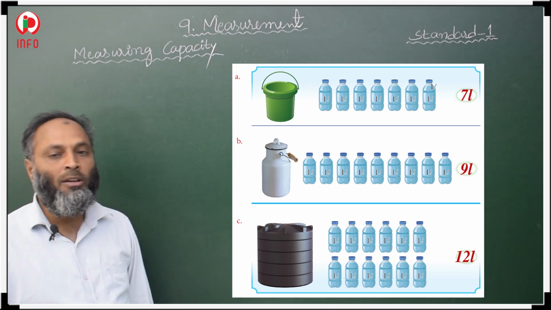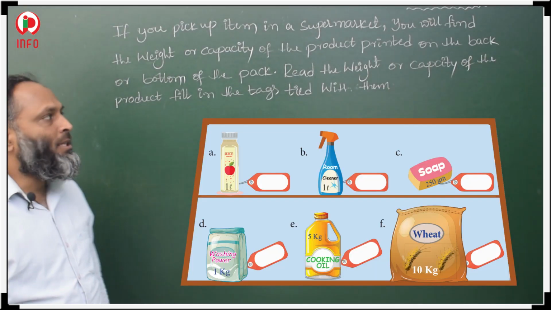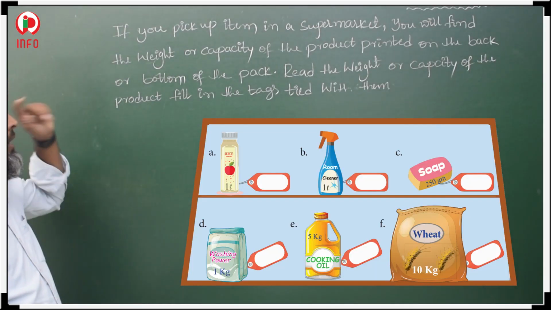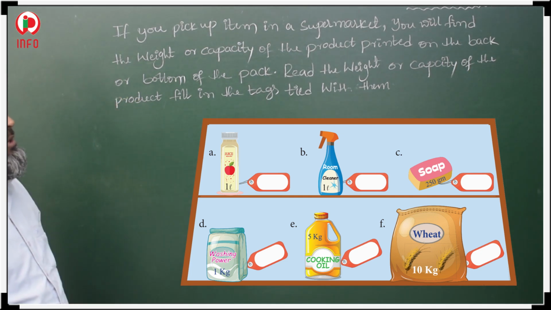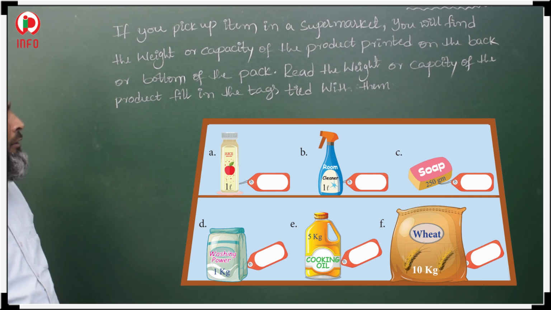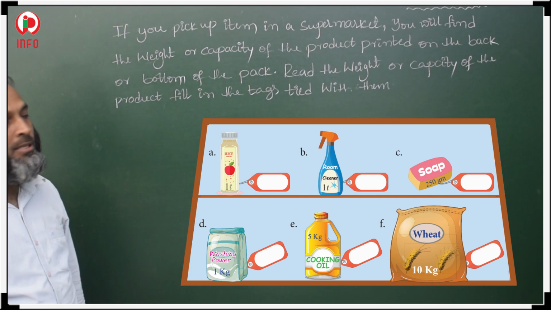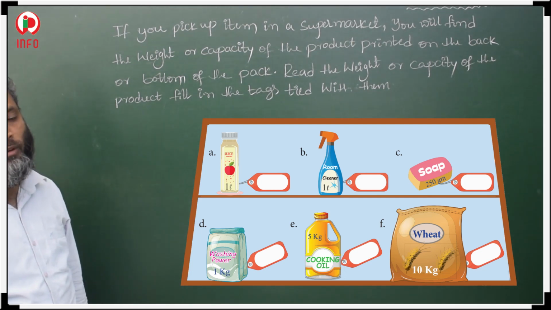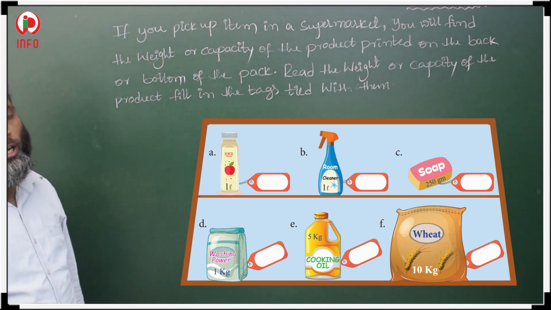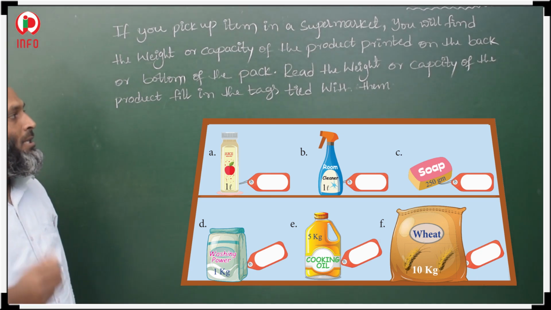Okay students, now see here. What is given in this question? If you pick up an item in a supermarket, you will find the weight or capacity of a product printed on the back or bottom of the pack. Read the weight or capacity of the product and fill in the tag tied to it. Some products are given, a total of 6 products.